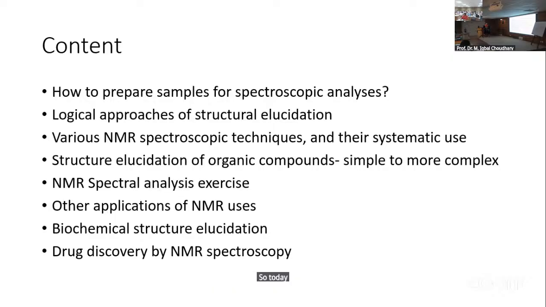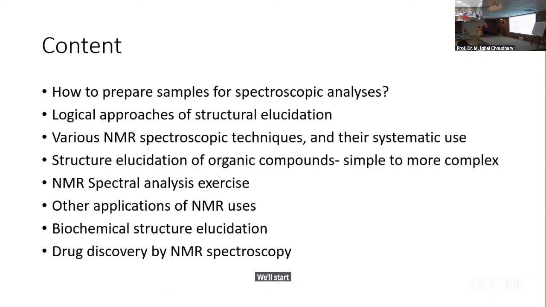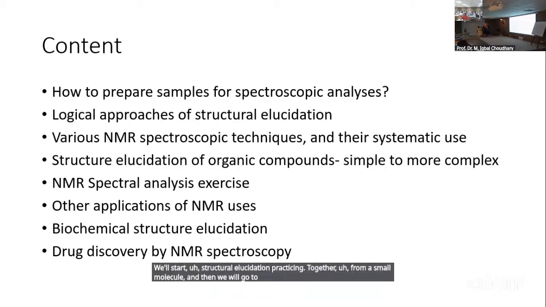So today we'll be discussing how to prepare the sample for the spectroscopic analysis, the logical approaches that we need to follow for structural elucidation, and various NMR spectroscopic techniques and their systematic use. For structural elucidation of organic compounds, we will start practicing together from a small molecule, and then we will go to the large molecule.